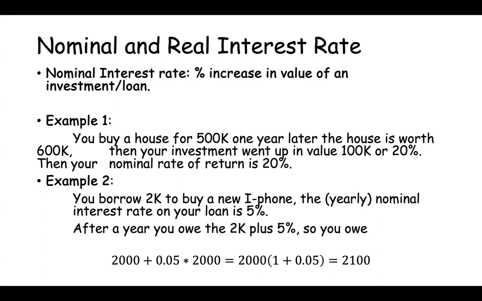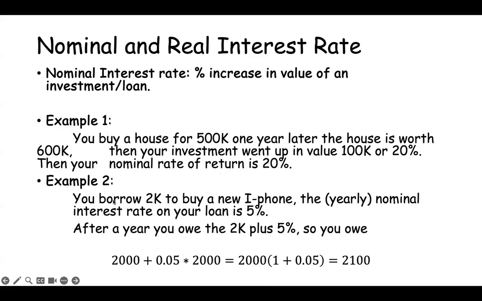For example, if you buy a house for $500,000 and 1 year later the house is worth 600K, then the value of your investment went up by 100K. That's 20% relative to what you invested. So the nominal rate of return on your investment is 20%.